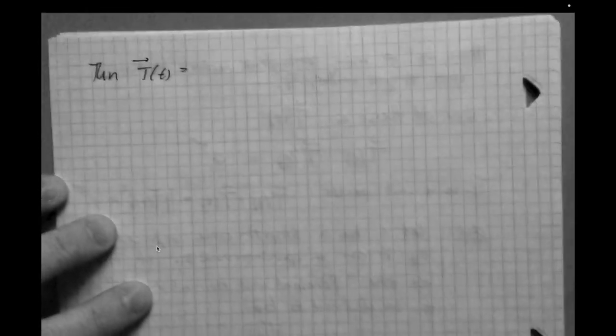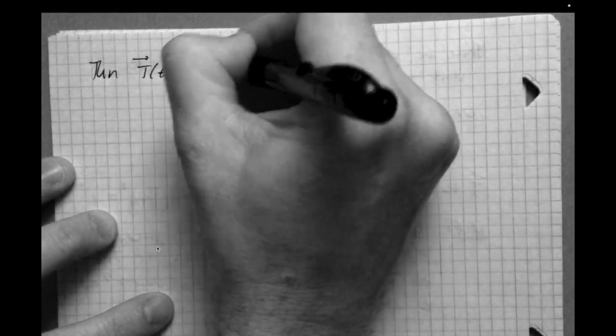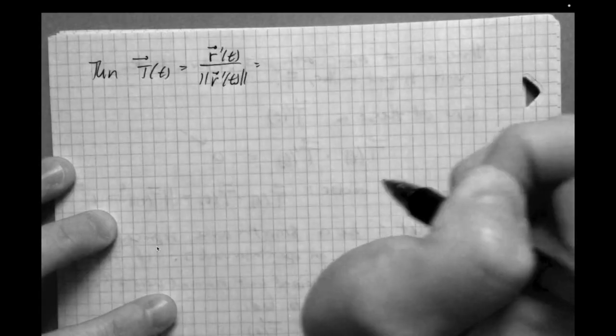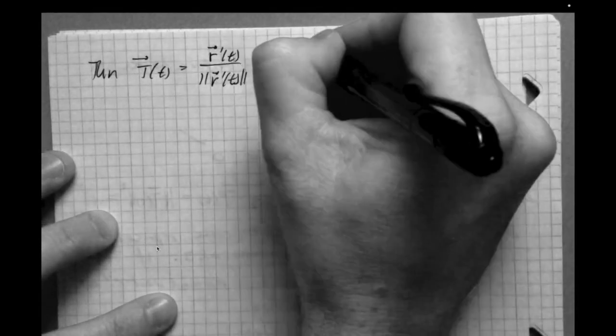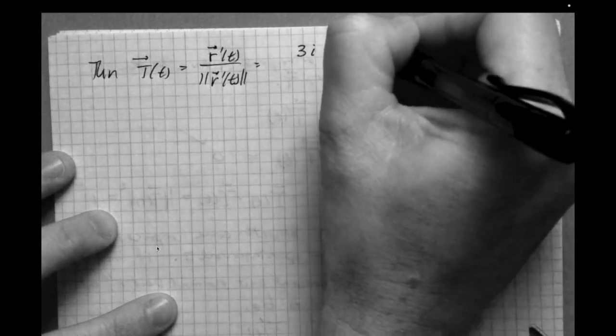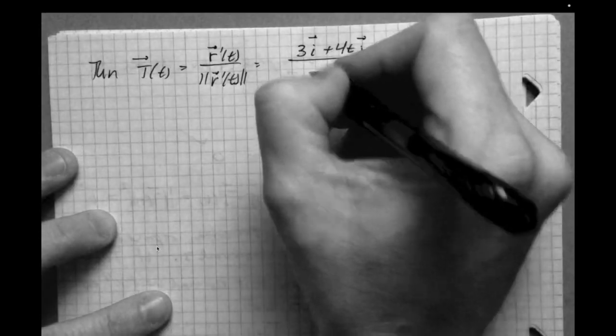Okay, so we know r prime and we know the norm. So then T of t is just going to be equal to r prime of t over its norm, which in this case is 3i plus 4tj divided by the square root of 9 plus 16t squared.